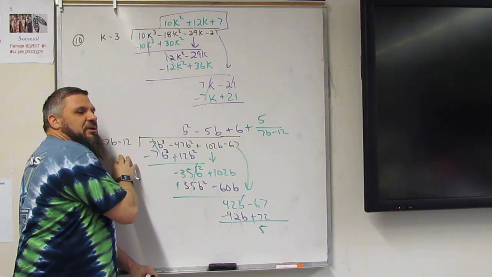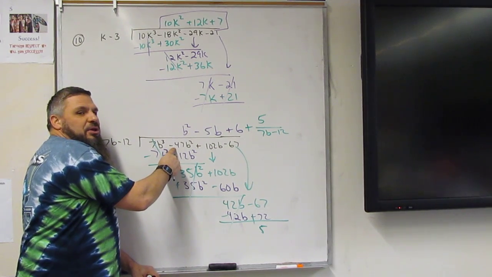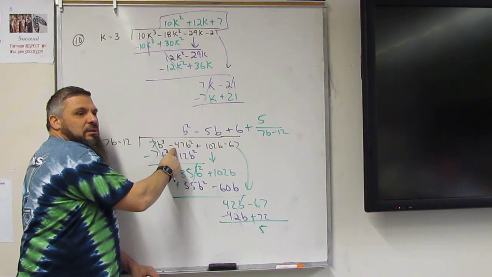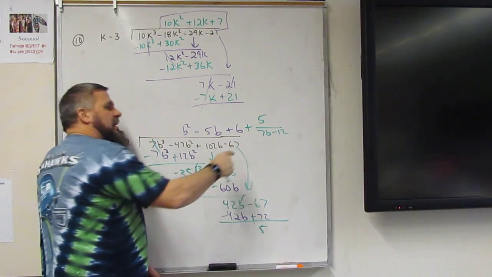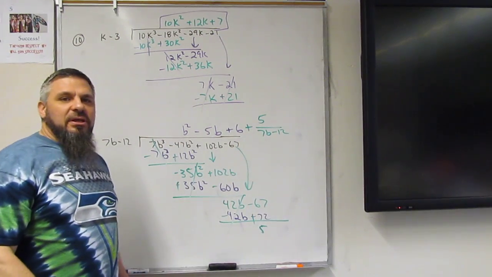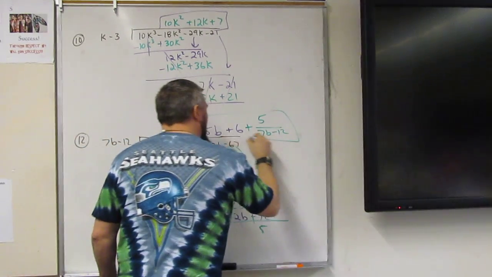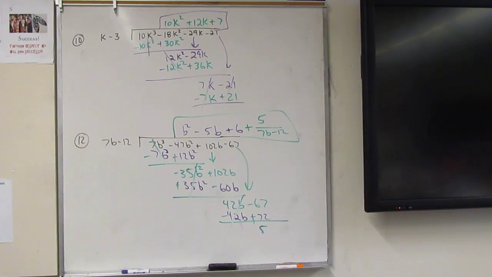Is this linear binomial a factor of this cubic trinomial? Or cubic polynomial? Are they factors? No. No, because this came up funky. This is the answer, but they're not factors. Okay?